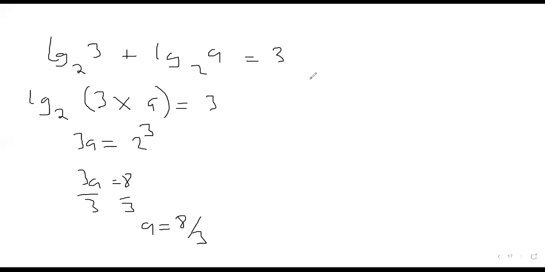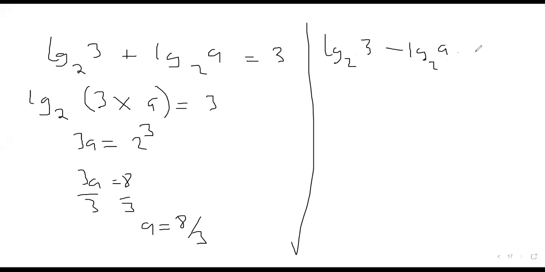In a different scenario, we could have the same base 2, but here the sign is what? Minus. log 3 base 2 minus log a base 2 is equal to 4. In like manner, you can factor out the base 2, then this is 3 divided by a. The minus becomes a division.